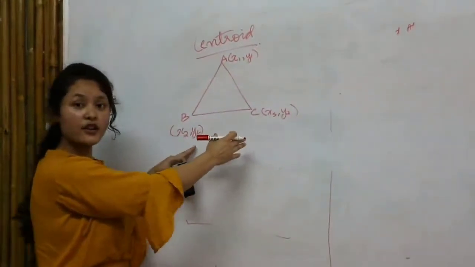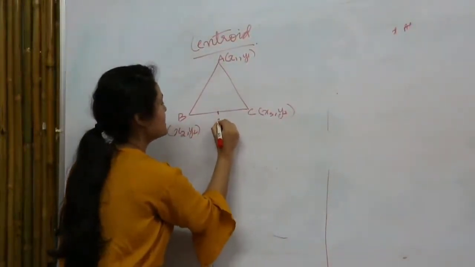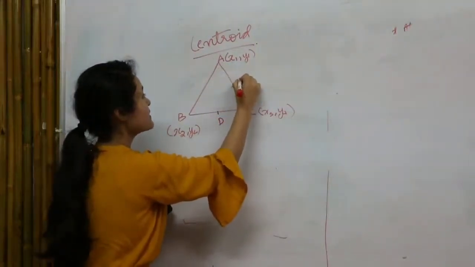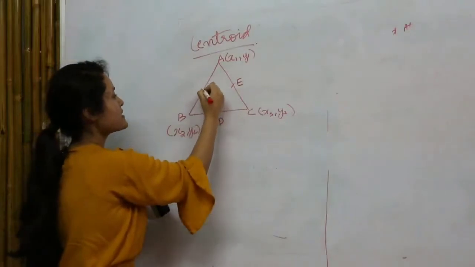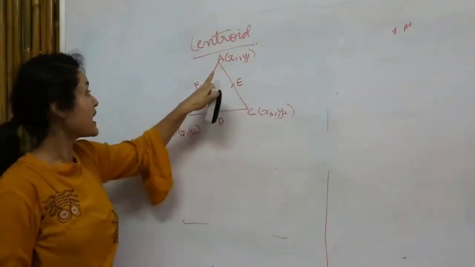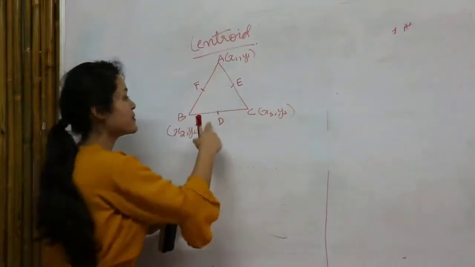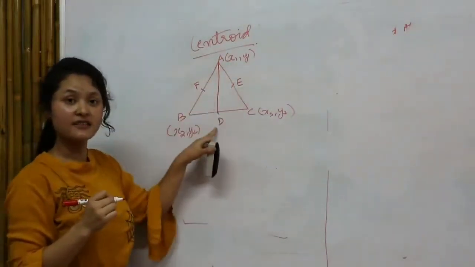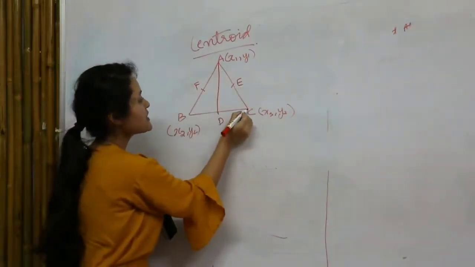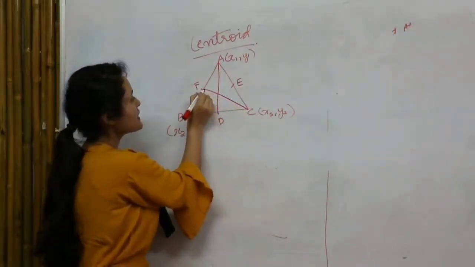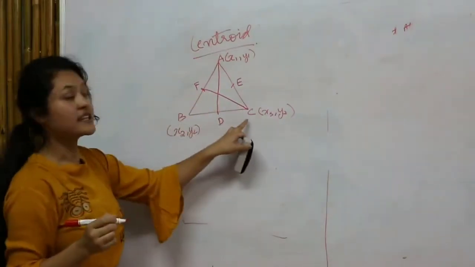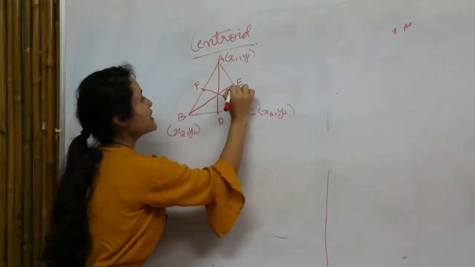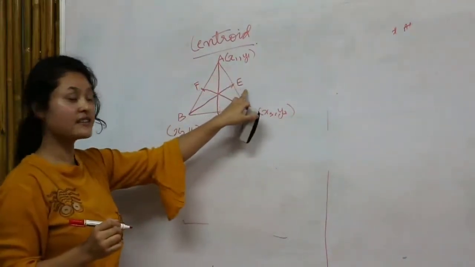If I take the middle point of BC, I'll just write D. The middle point of AC, I'll just write E, and middle point of AB as F. Join the line from the vertex A to the midpoint of BC, that is D, we get median AD. Okay. This one also, C to the midpoint of AB, you'll get the median CF. Similarly, B to the midpoint AC, E will get the median BE.